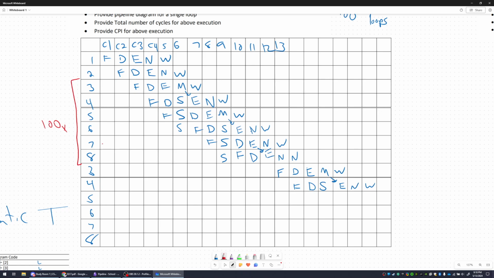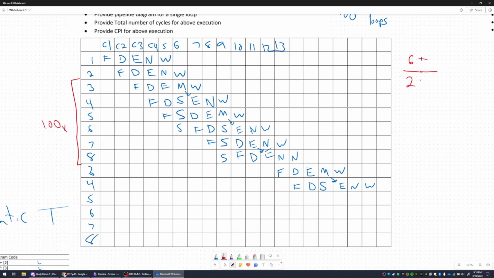Wouldn't we cut off the pipeline at the overlap when calculating CPI? Yeah, so I think, what did he say? These two lines are independent of that. So there's six cycles here, right? And then that's two instructions.